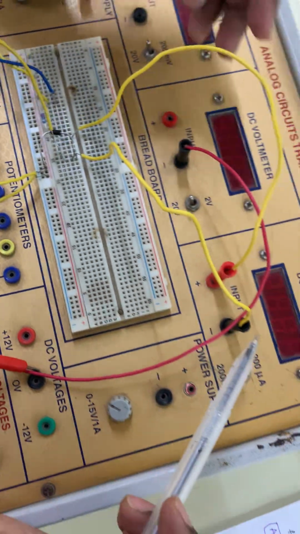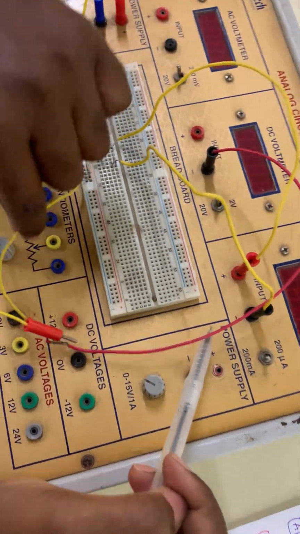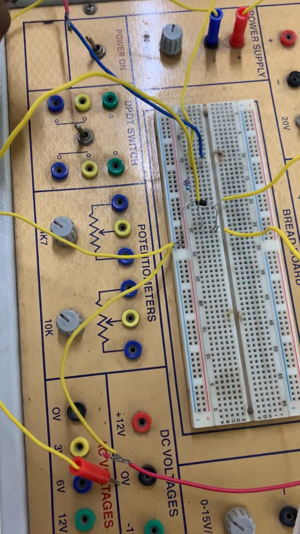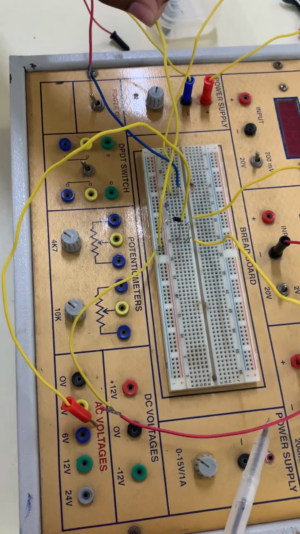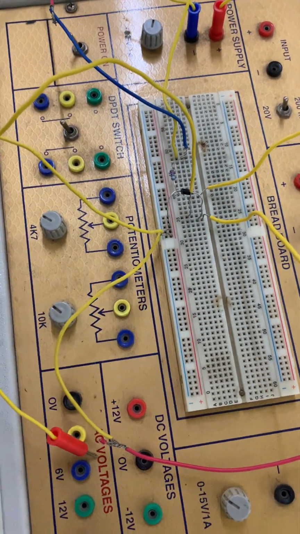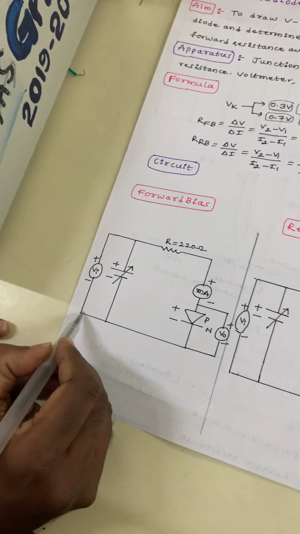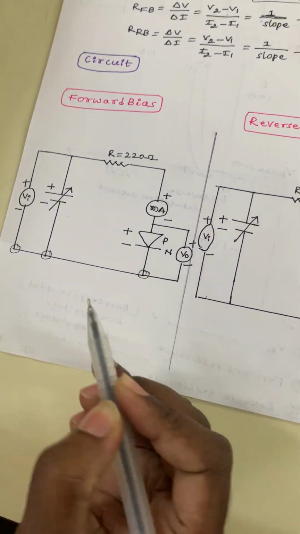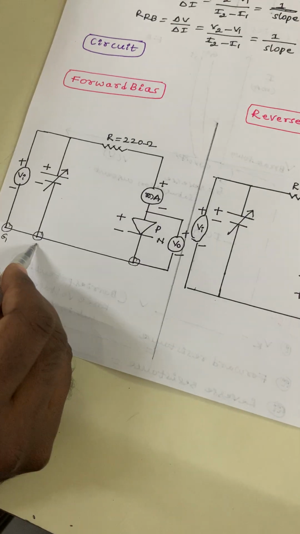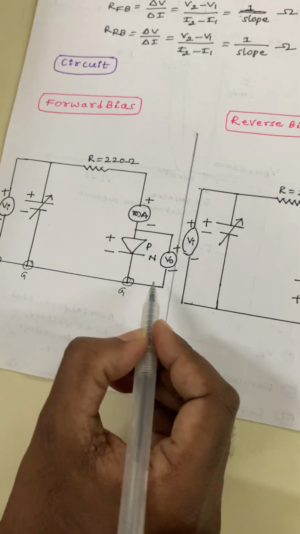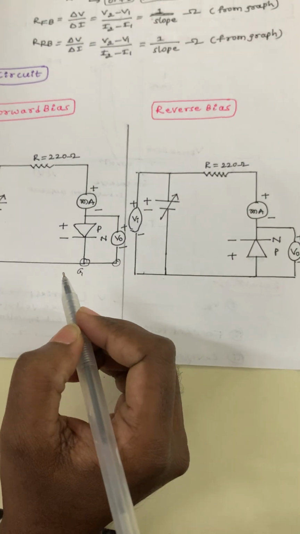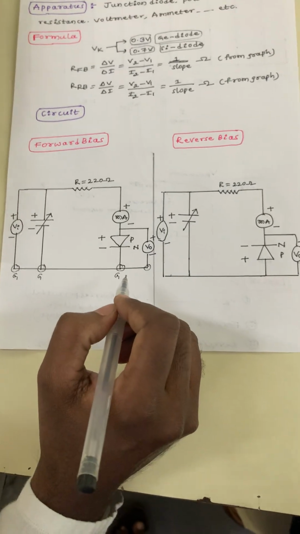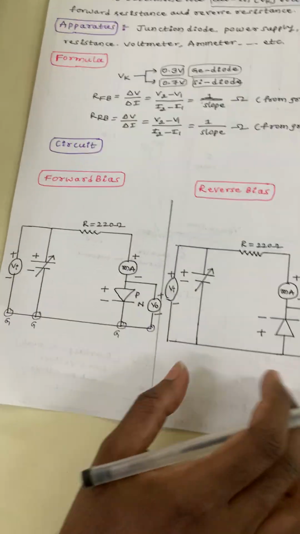The voltmeter negative I am connecting to the ground. The power supply negative also I am connecting to the ground based on the diagram. Voltmeter negative, power supply negative, diode negative I am connecting to the ground. These are the ground terminals. Clear?